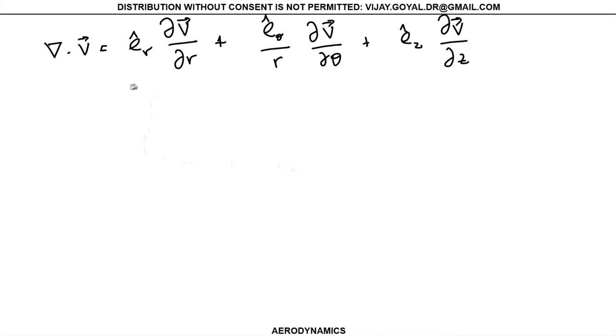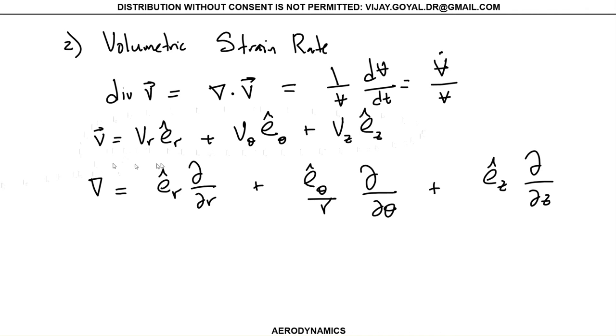So let's start with this particular term first. This term is very easy. This term gives you e_r dot product of v_r dr. The derivative of this: you're taking the derivative of all this with respect to r.